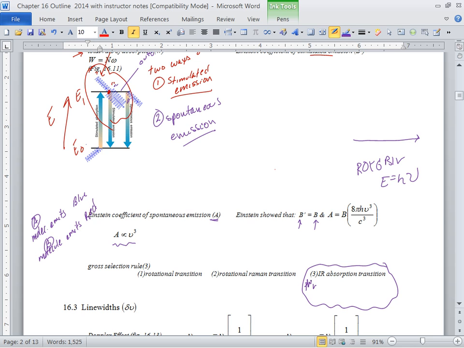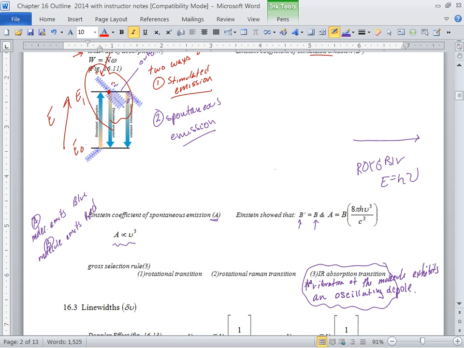The vibration of the molecule exhibits an oscillating dipole. Perfect. Ooh, there we go, Padawan.